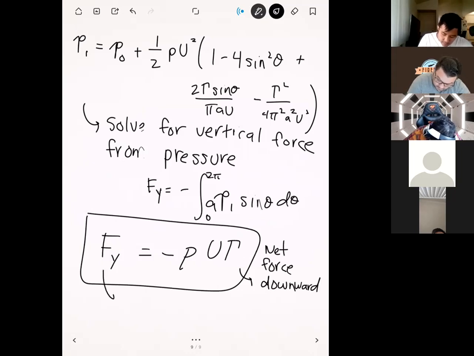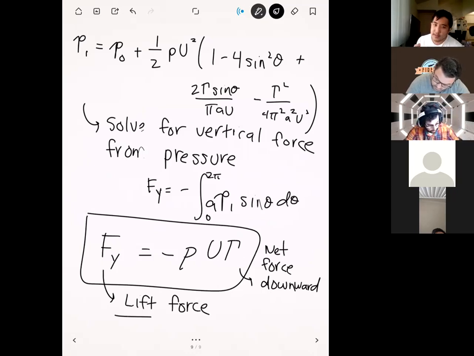Since this is a force that's perpendicular to the uniform flow, this is usually characterized as a lift force. In this case, it's a downward lift force, but they're all characterized the same. So any force that's generally perpendicular to the flow, in this case the uniform flow, is known as a lift force.